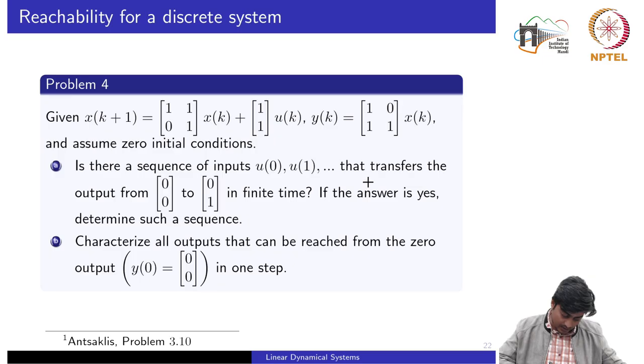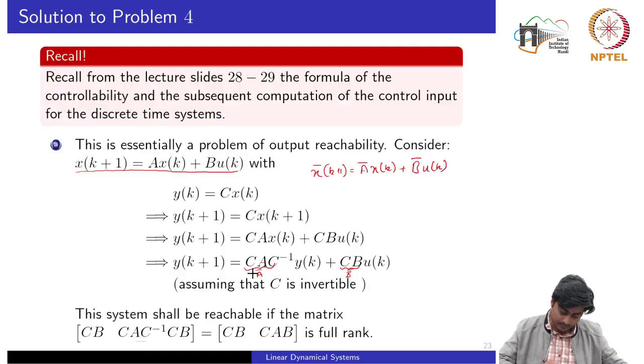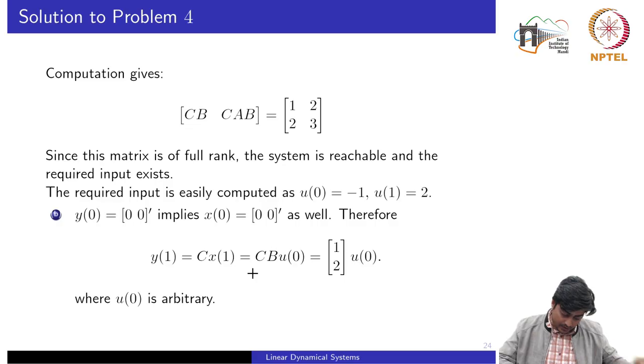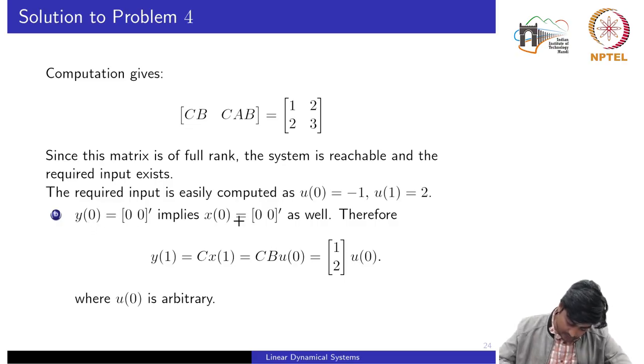If you recall the second part, it asks for the characterization of all outputs that can be reached from the zero output in one step. So y0 being 0 implies that x0 would also be 0.